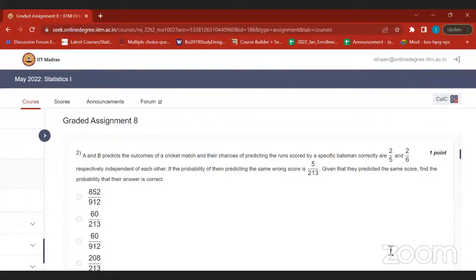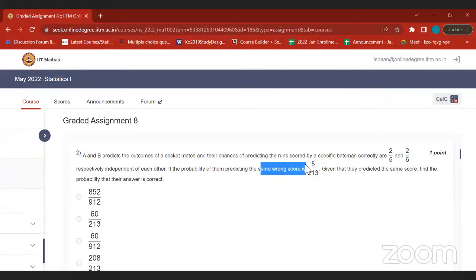So what framing are you mentioning with the probability of them getting the same score given that they were wrong? Given that they were wrong, what is the probability that they got the same score? If the statement had been that, I would have got this question right.